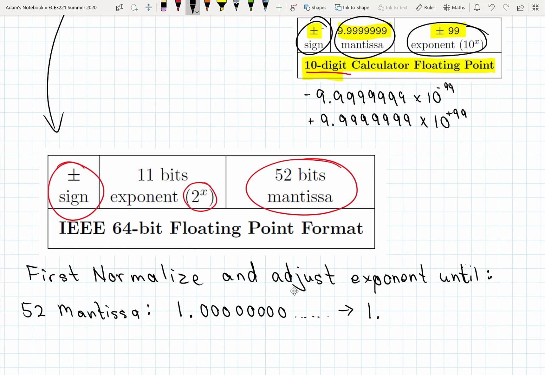In this sense, I can go from a mantissa that's 1 point all zeros up to 1 point all ones, where this is 2 to the minus 1, and this is 2 to the minus 52.